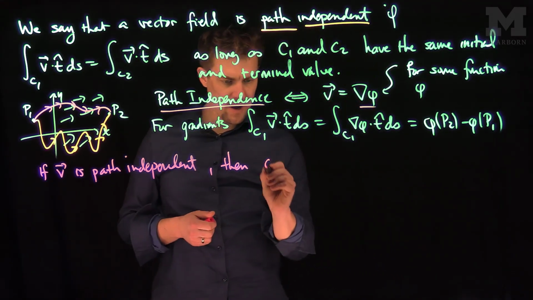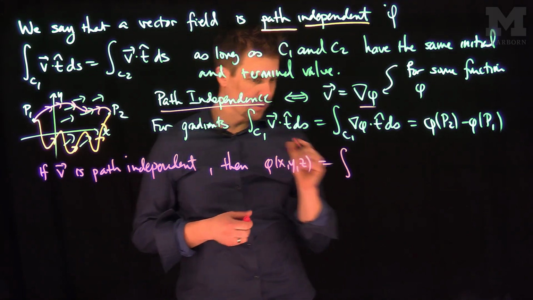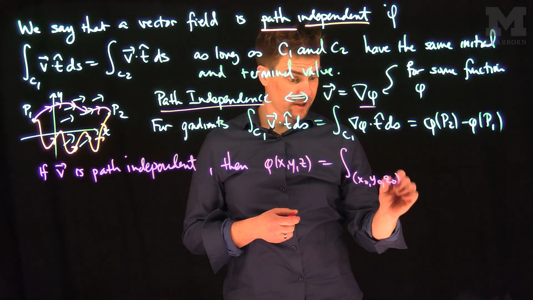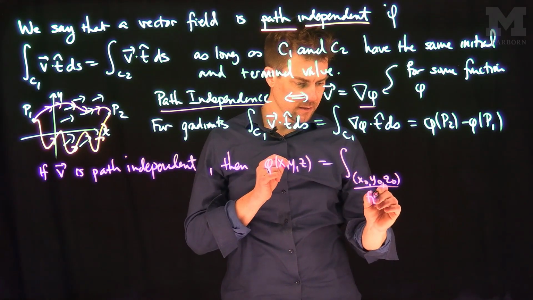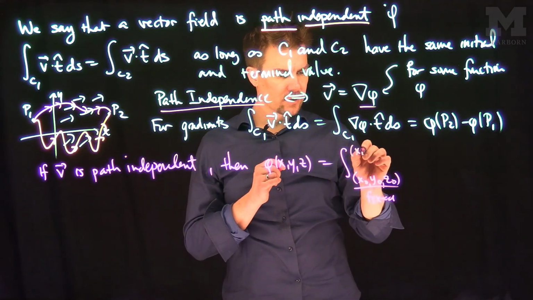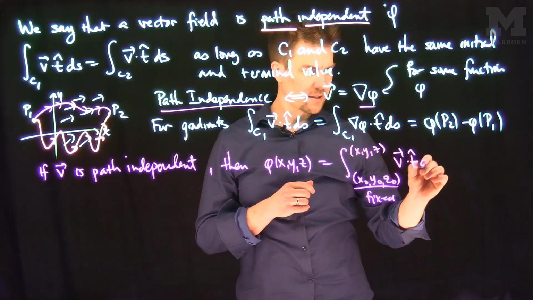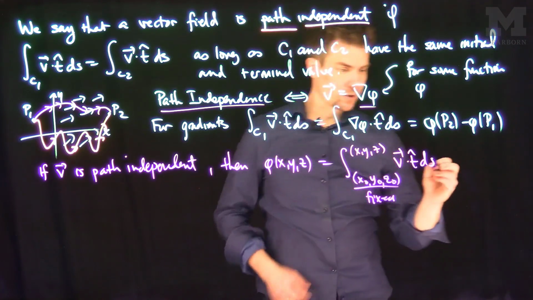Phi of x, y, z, which is the integral from x0, y0, z0, any fixed point you want in space, one fixed point, to x, y, z of v dot t hat ds, will be the potential function.